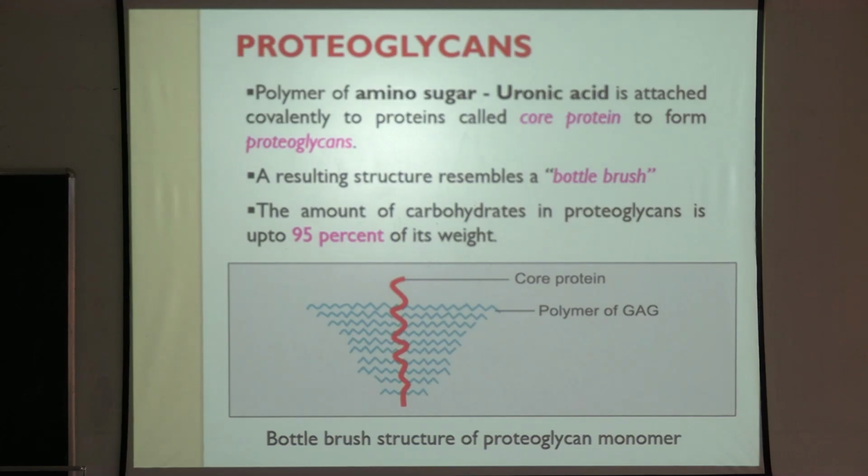In glycoproteins, though the word glyco comes first, it is majorly protein with few carbohydrates. But in proteoglycans, the protein part is less, whereas the carbohydrate part can be up to 95% of the total weight.